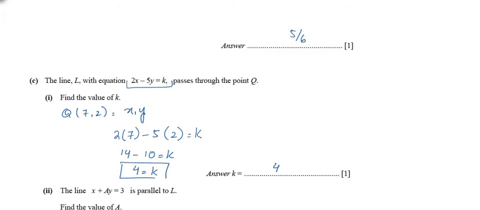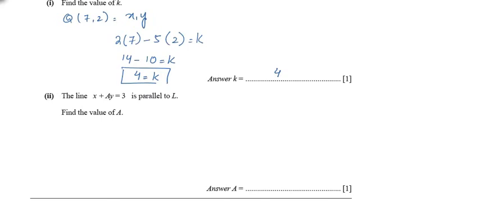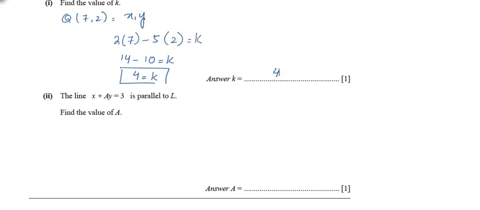So it means the value of k is 4. Now let's see the next part, and the last part also. Here they are saying the line x plus ay is equal to 3 is parallel to line L. Find the value of a. As we know, the general form of a linear equation is y is equal to mx plus c. In this equation, m is the gradient and c is the y-intercept.